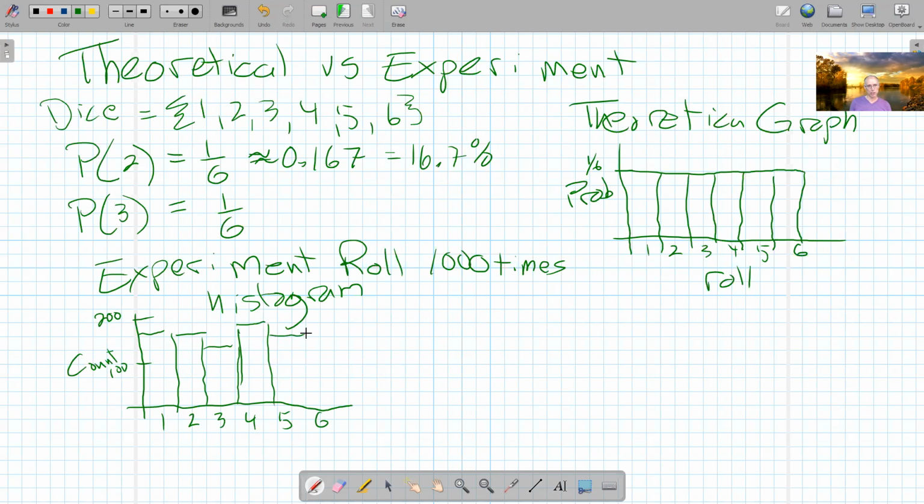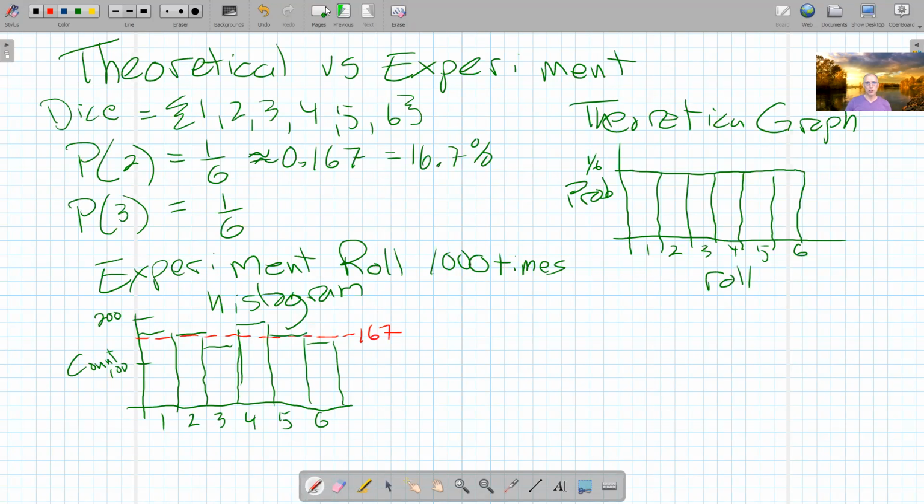So it's going to be relatively flat, but not exactly flat. Now with 1,000 rolls, it would probably be a bit flatter than that. But these would all be hovering around the midline here at about 167 each, because 167 times 6 is around 1,000. Okay, so we have what happens in reality when we do some sampling, and then we have the theory behind it.